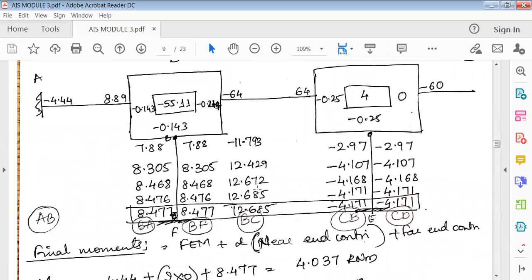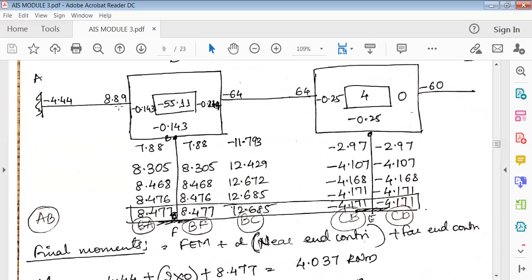Okay, now check this out. So it is first 8.89 minus 64 is minus 55.11. Similarly, 64 minus 60 is plus 4. All right. Okay. Now next is you have to calculate the moment here.